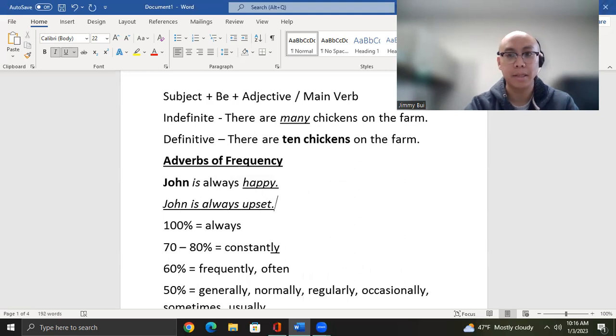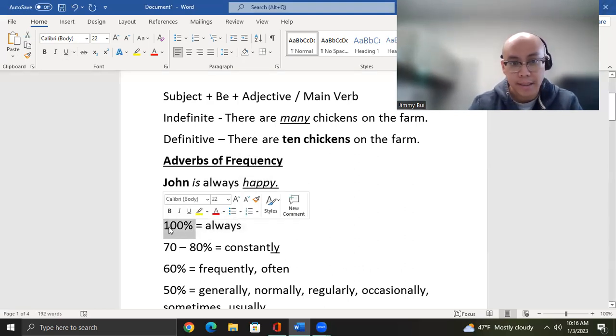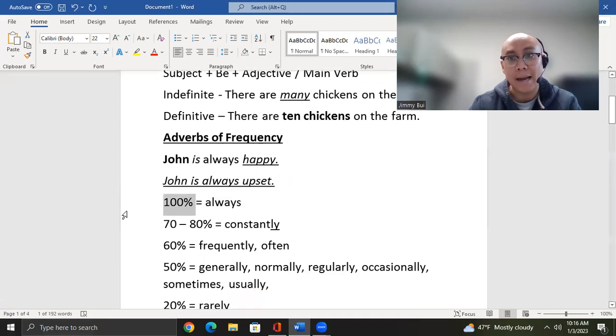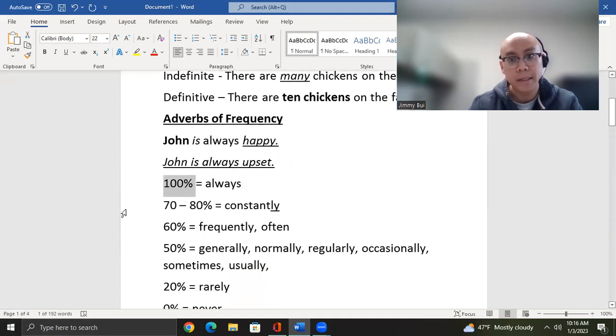That could be a possibility as well, depending on when I see John, or maybe this person sees John in the morning when he wakes up. The word always does represent 100%, but this is not exactly measurable. This gives us an idea of how often something happens.